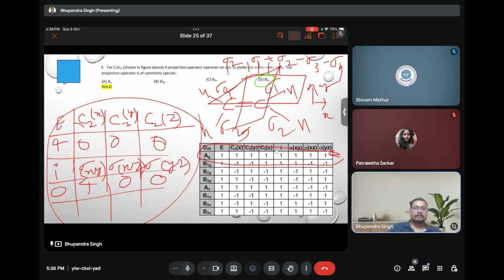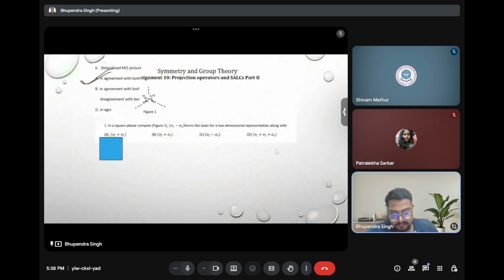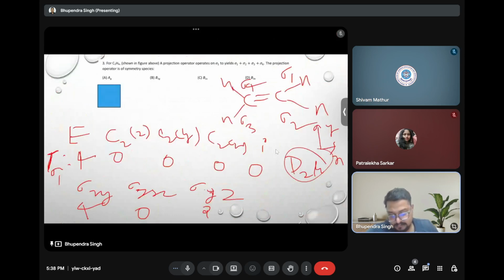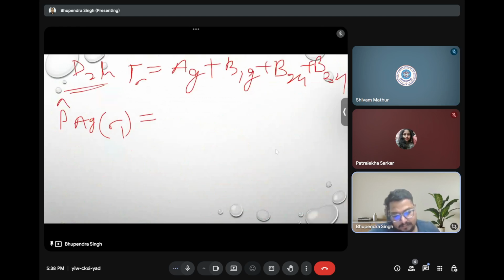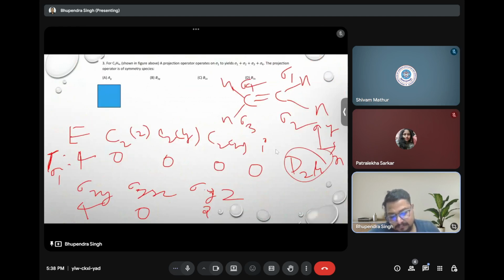And also here all the operations are multiplied, the coefficient of all the operations is 1. So here, what will happen?